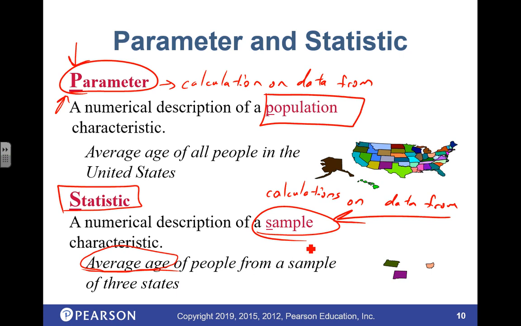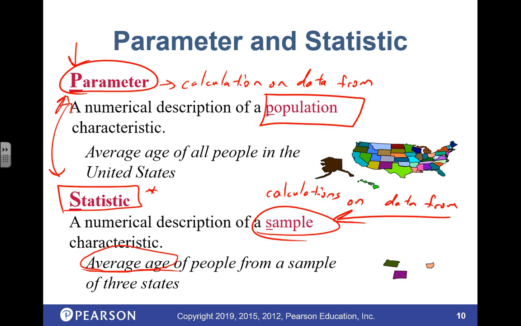If we've done a good job of selecting our sample, the parameter and the statistic are going to be very comparable. They may not always be exact, but we can infer things about our population's parameter from knowing the statistic. Also, it's not always possible to measure stuff on the entire population, so sometimes we have to collect samples for that reason.